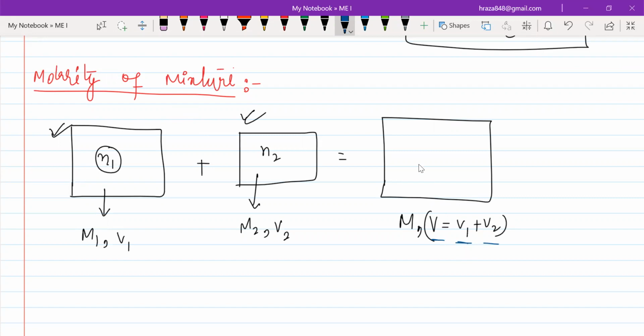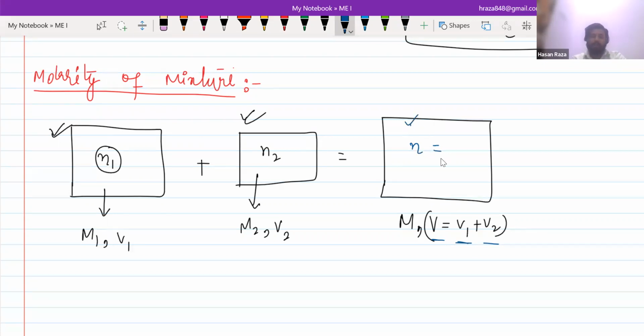Yes, sir. Now here the number of moles of solute is n, and the number of moles of solute present in the bigger container will be the sum of the moles in these two containers. Just take 5 moles of solute here and 5 moles of solute here. So what will be the number of moles present in the bigger container? It will be 10, right? Now again we apply the formula.